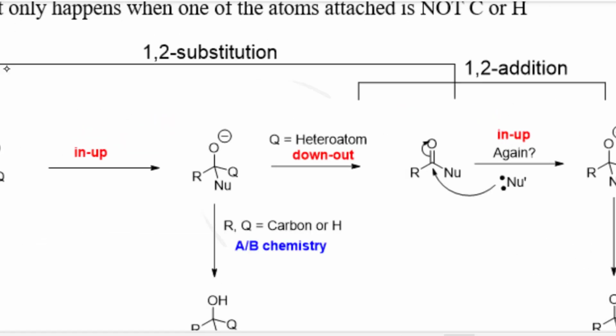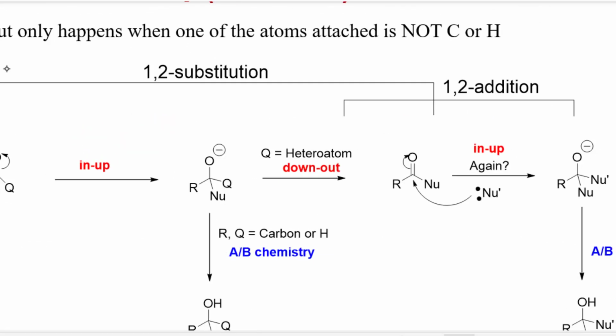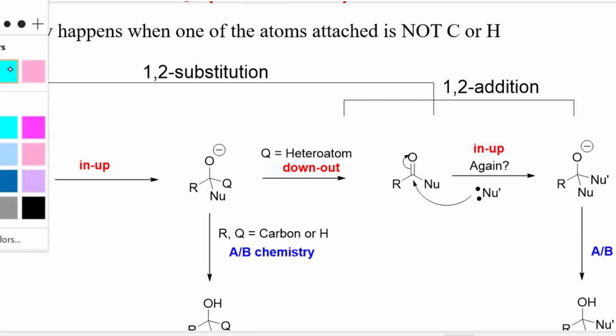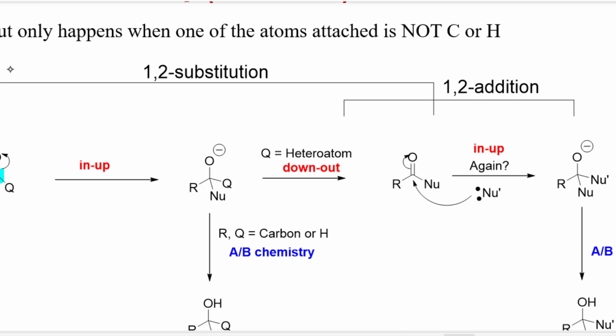So what we're going to see is a nucleophile attacking a carbonyl. The electrons go in and up. Notice the name, in up, right? The electrons form a bond with the carbonyl, and then the pi bond breaks and those electrons go up into the oxygen, and we form an intermediate.